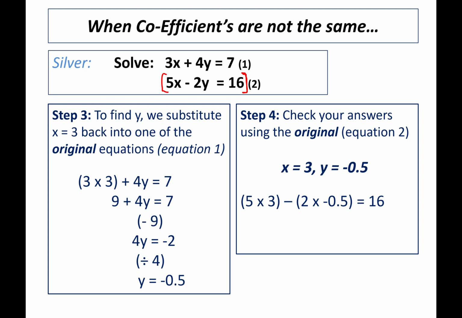Minus times minus gives me plus. 2 times 0.5 gives me 1. We're left with 15 minus minus 1 equals 16. This gives us 15 plus 1 equals 16. Our left-hand side is equal to our right-hand side, and therefore my solution is correct. Please pause and take down this example.